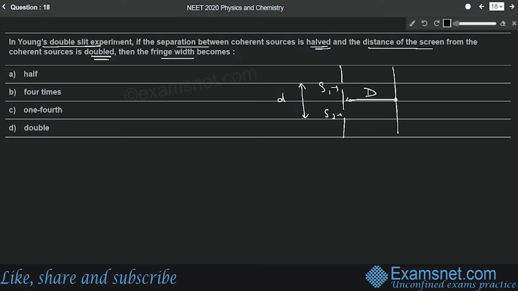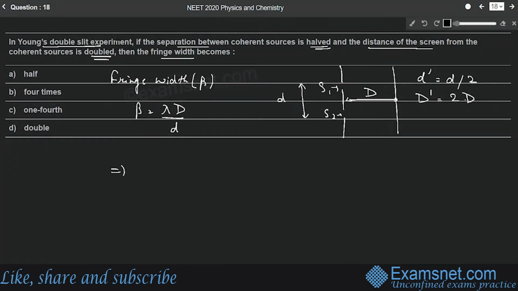Okay, so here the new separation distance, that means d dash, is halved, that means it becomes d by 2, and the capital D is doubled, that means it becomes 2D. Okay, now we know that the fringe width is denoted by beta. So fringe width will be equal to lambda into capital D by small d. This is the formula to find the fringe width.